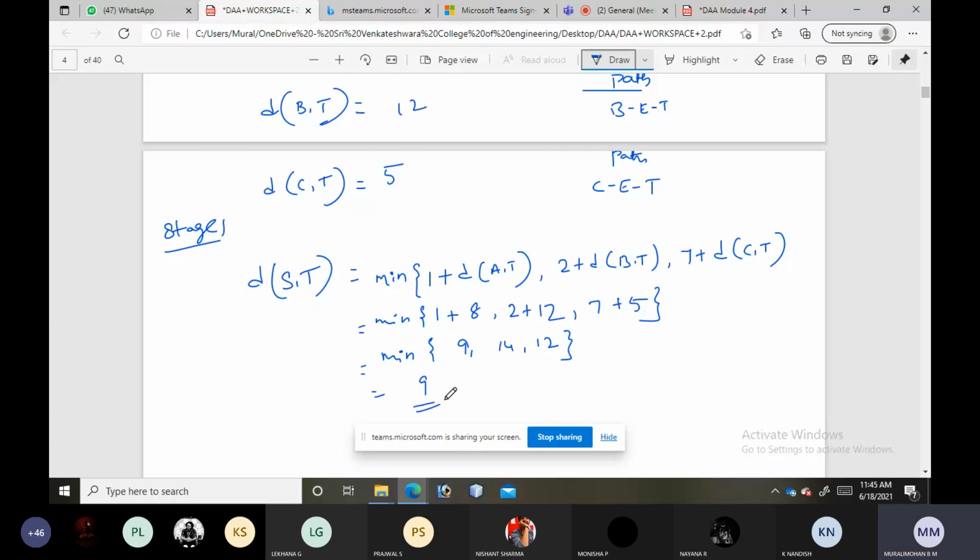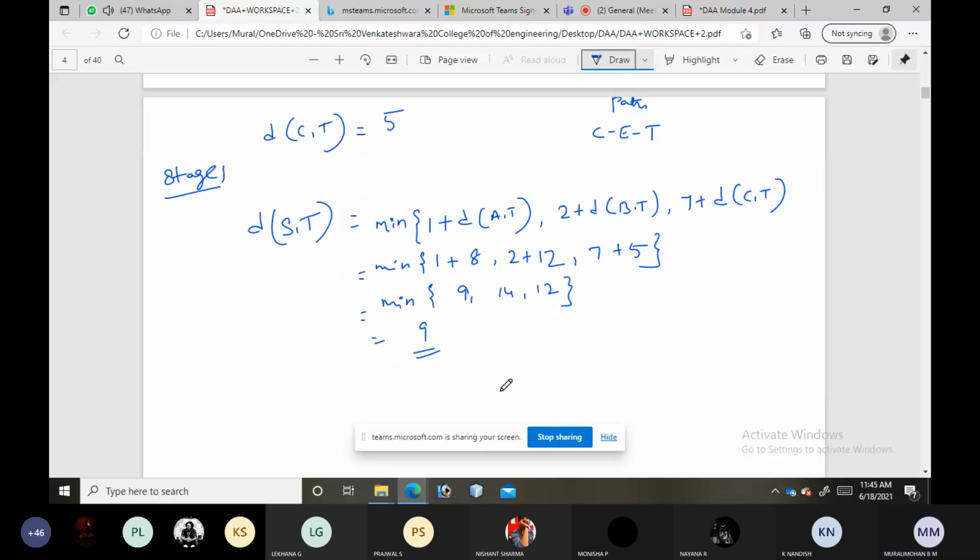So what is the path? S to A to E, E to T. So in total we are getting 9. So this is the shortest distance we are having for this multi-stage graph.